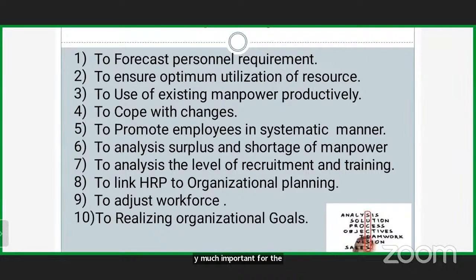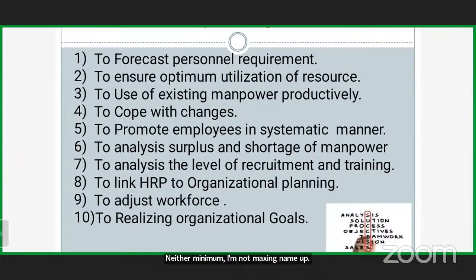The next objective is to ensure optimum utilization of human resource. Optimum means neither minimum nor maximum. We should use human resource at the optimum level. If we use a minimum level of human resource, what will happen?